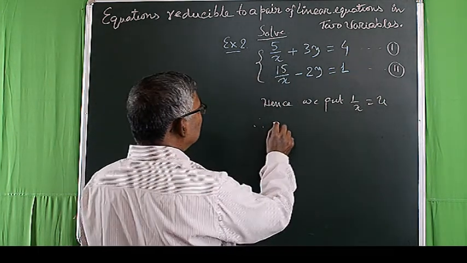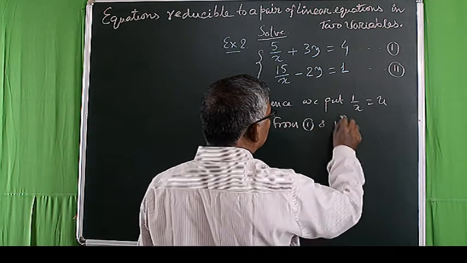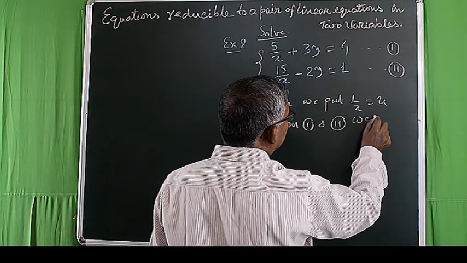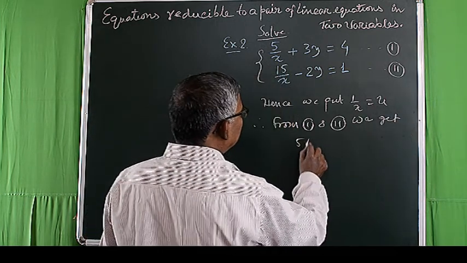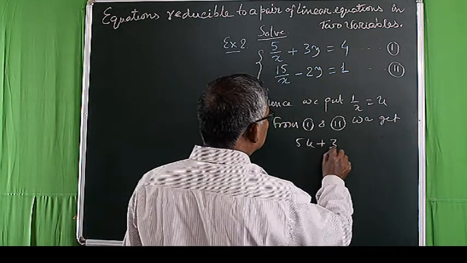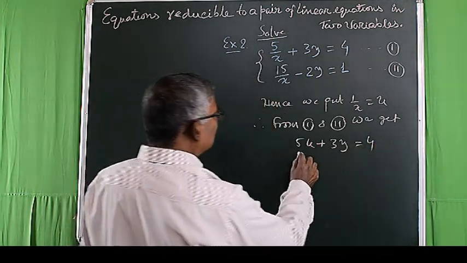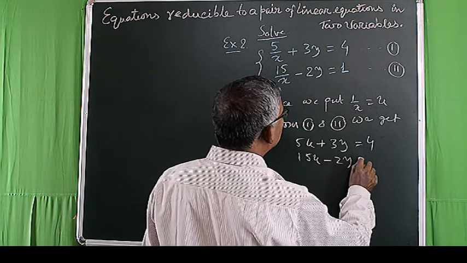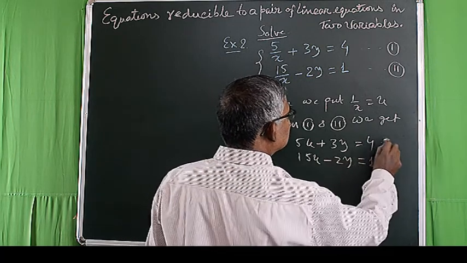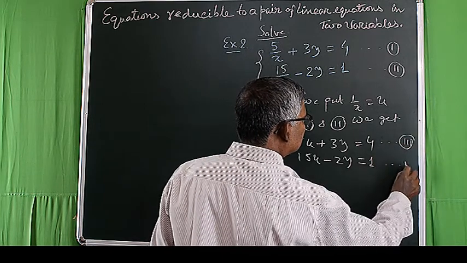So from 1 and 2 we get 5u plus 3y equal to 4 and 15u minus 2y equal to 1. Suppose it is equation number 3 and this is equation number 4.